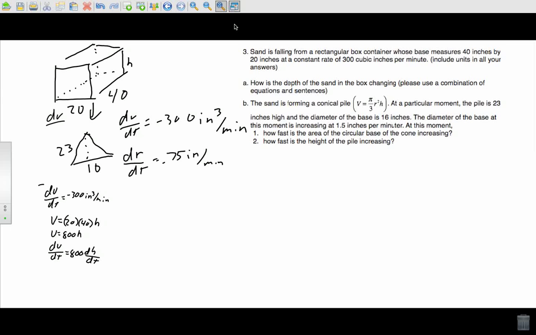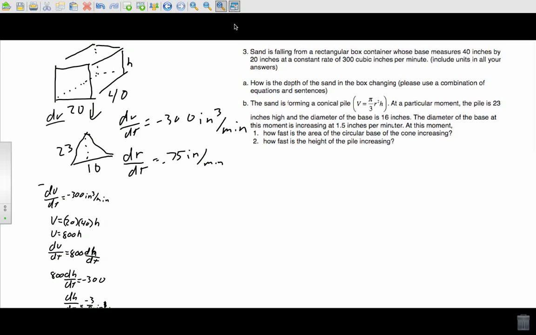Now, what we're trying to find is what's happening to the height at any given time. So we're trying to find dH/dt. So I'm going to switch it around a little bit here and say 800 dH/dt is equal to negative 300, or dH/dt is negative 3/8 inches per minute.